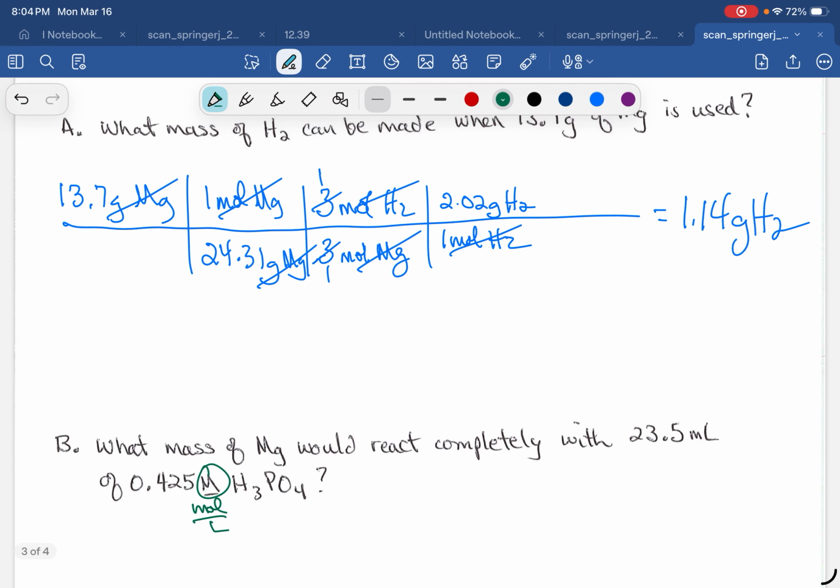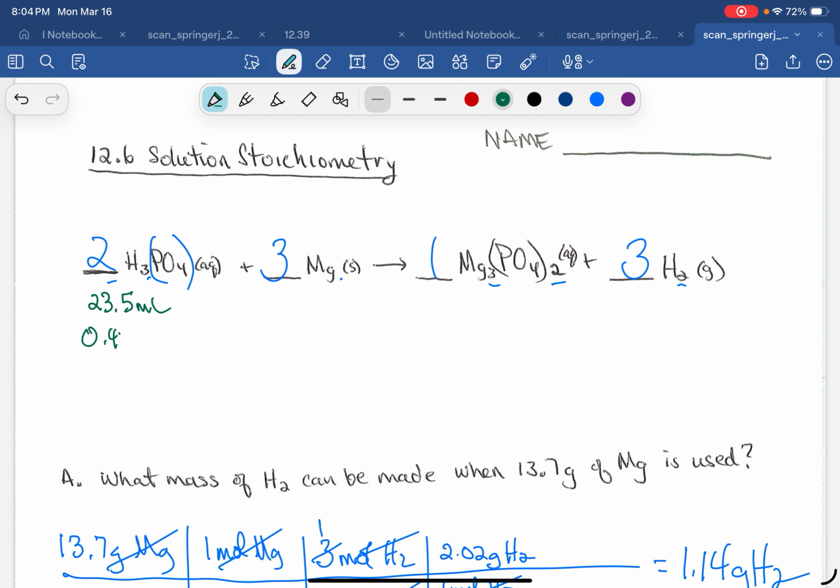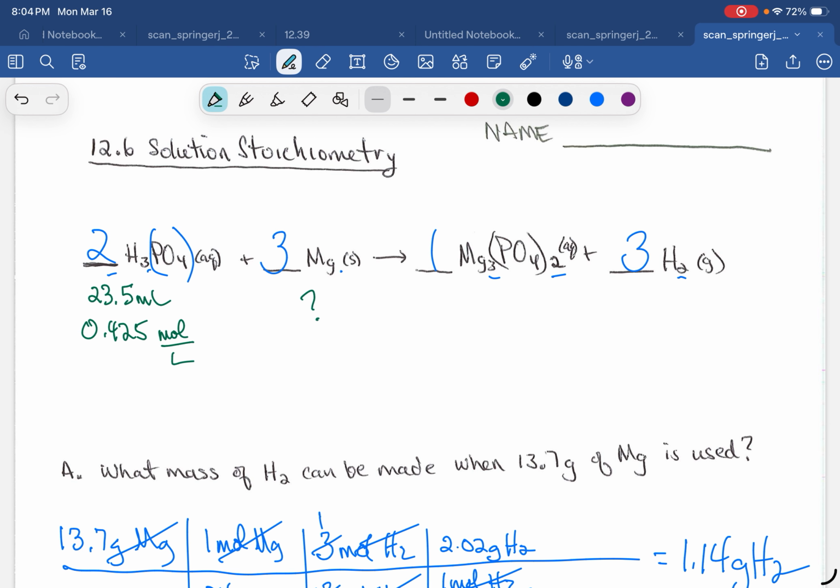So I'm going to go back up here to the equation, and I'm going to write in my 23.5 milliliters of 0.425 moles per liter. That's my given, and I'm trying to find the mass of the magnesium.